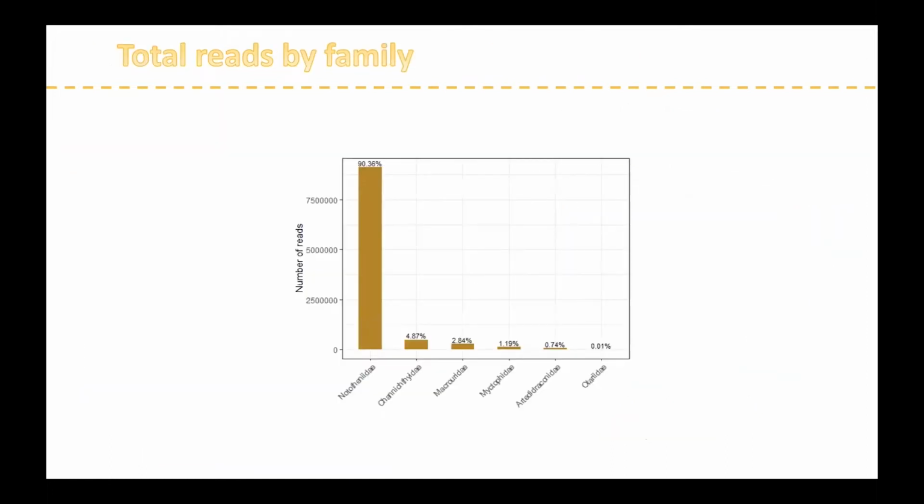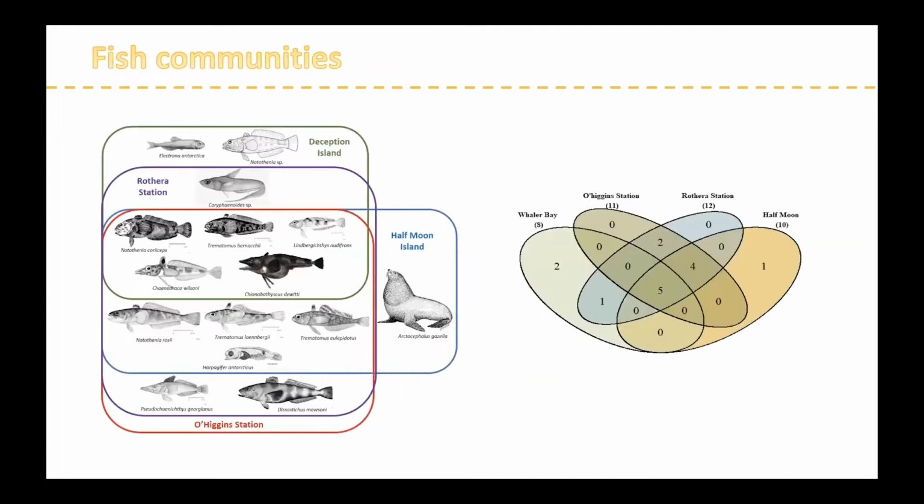We found 6 different families, where Nototheniidae, with 8 species, represent more than 90% of the total reads recovered. The high dominance of this family is something that is very common for Antarctic waters. We detected a fish core community shared among all the localities, composed of 5 different species, with only 3 species exclusive to just one location.